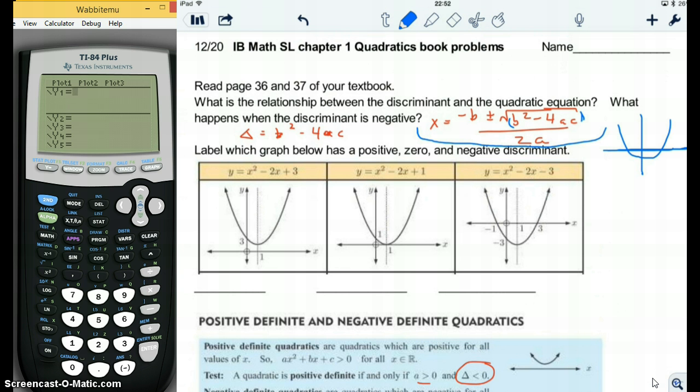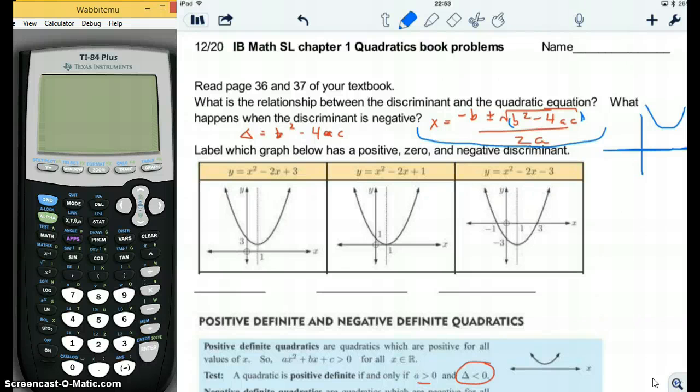So you can either touch it twice, or you could touch it once, if you exactly touch the x-axis once there. Or you could not touch it at all. That's no solutions. So by looking at the discriminant, you can tell whether you're going to have 0 solutions, 1 solution, or 2 solutions.